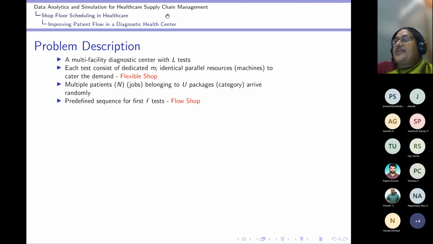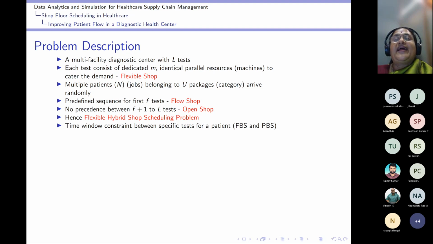After the predefined sequence, there is no precedence for the next tests, so the next tests are actually an open shop. Hence I have this entire patient scheduling problem posed as a flexible hybrid shop scheduling problem.